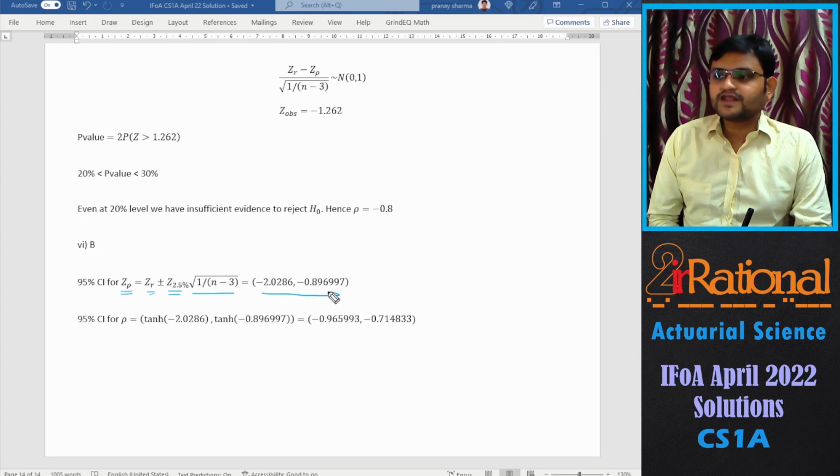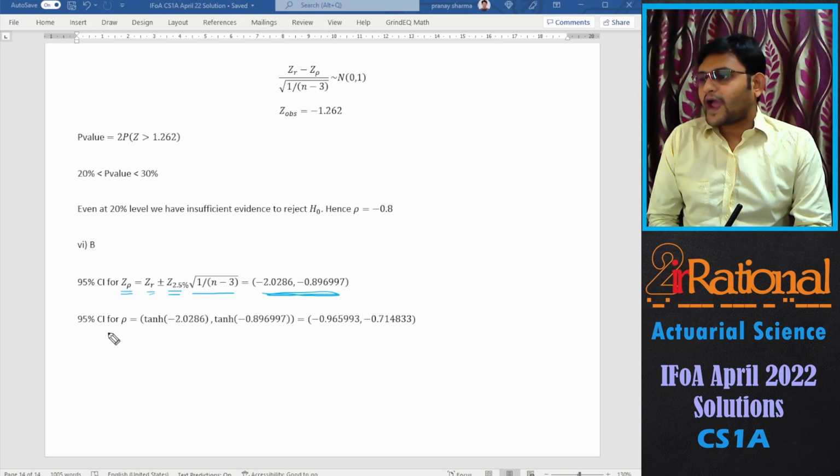So we'll get this, and this is also one of the options, so don't get confused. The actual confidence interval for rho is going to be tanh of this value comma tanh of this value, because we'll have to convert from the Z rho to rho. And the confidence interval would be this, that is option B.